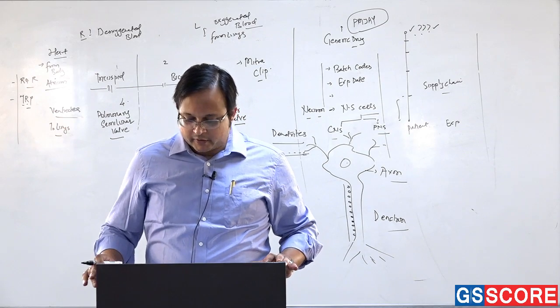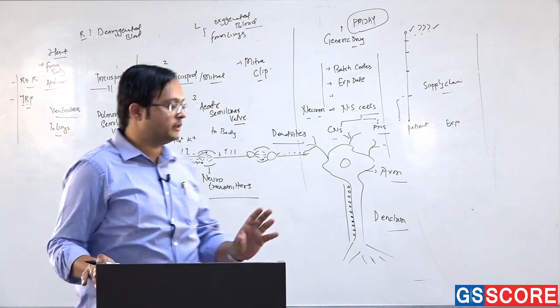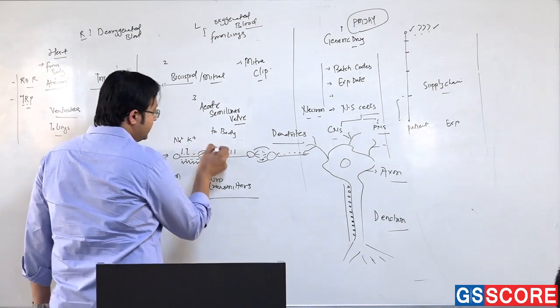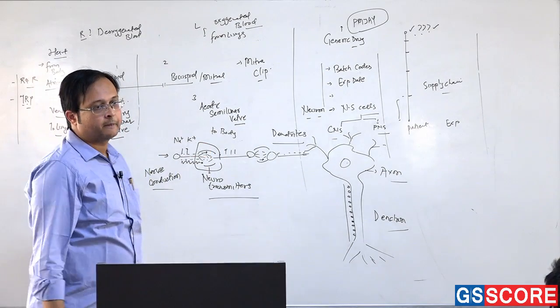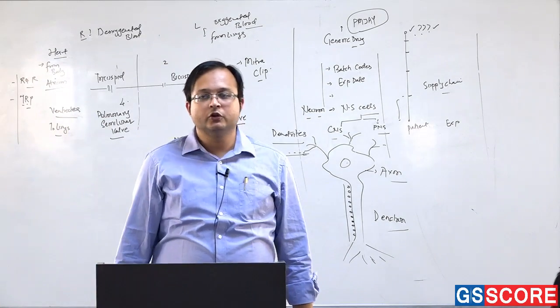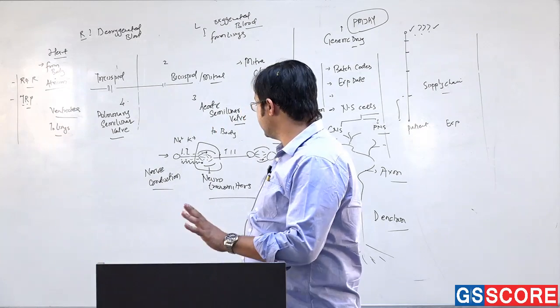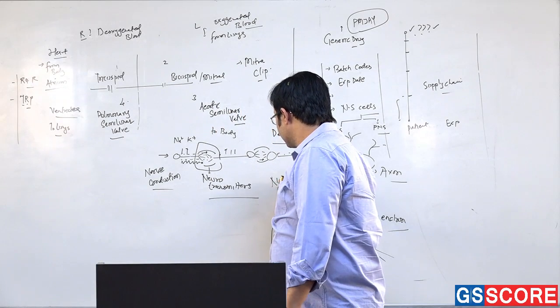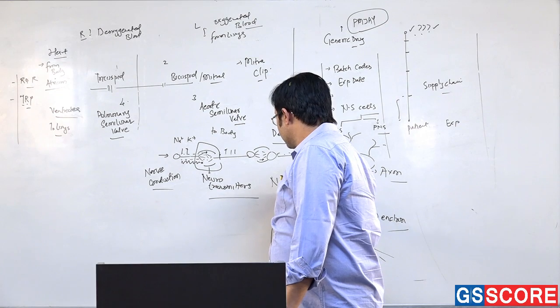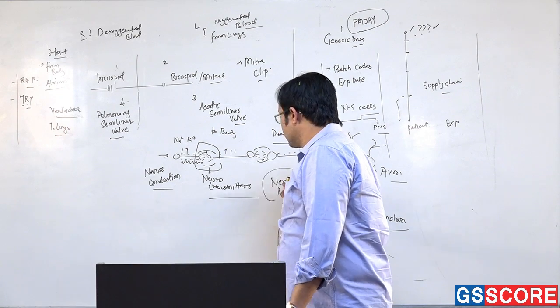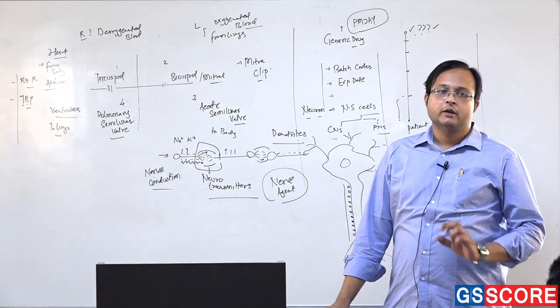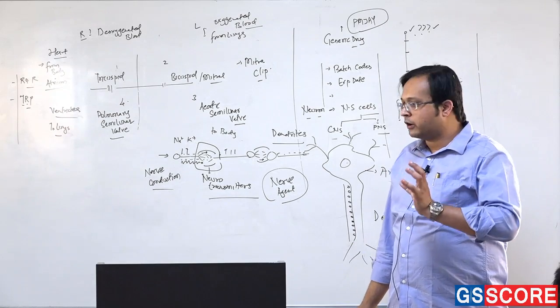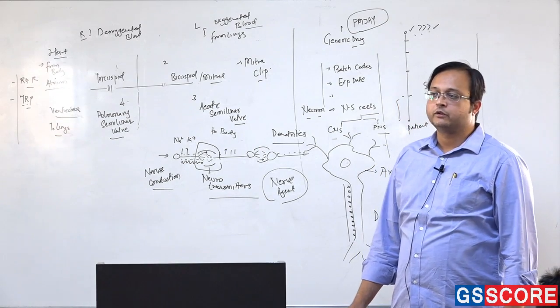Next is the nerve agent. Nerve agents are those which can block these neurotransmitters, right? And when nerve agents are there, the involuntary functions are affected the most.